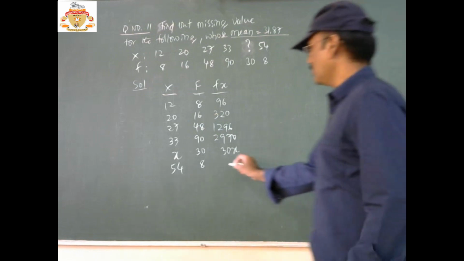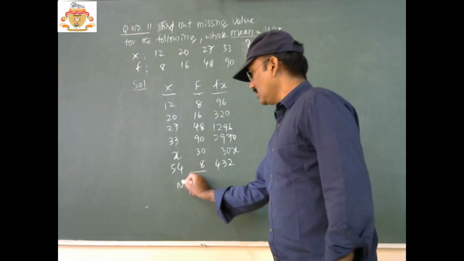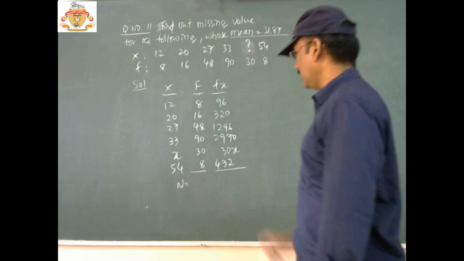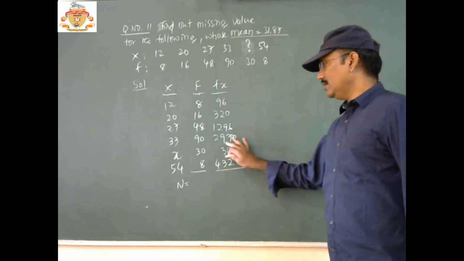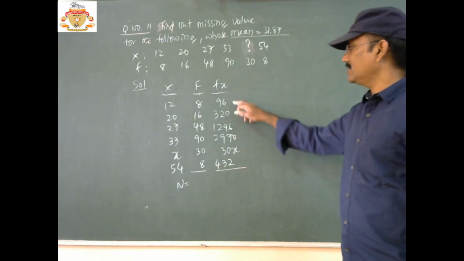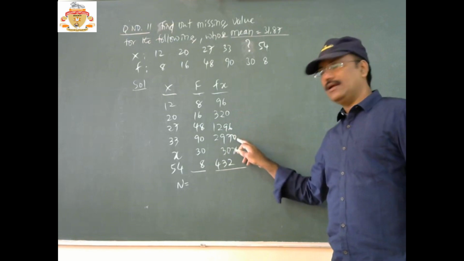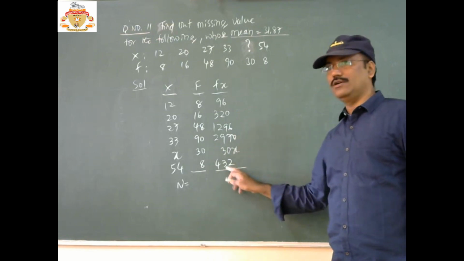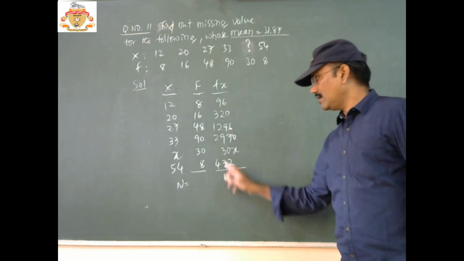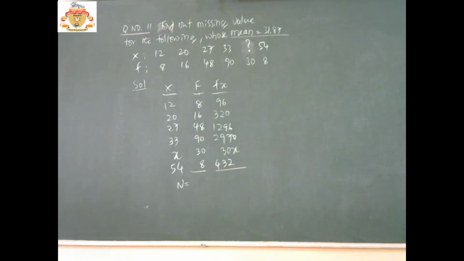Now what you have to do is find the total of fx. Instead of 30x, add the remaining numbers: 96 plus 320 plus 1296 plus 2970 plus 432. Because these are pure numbers, add the pure numbers and leave the 30x.